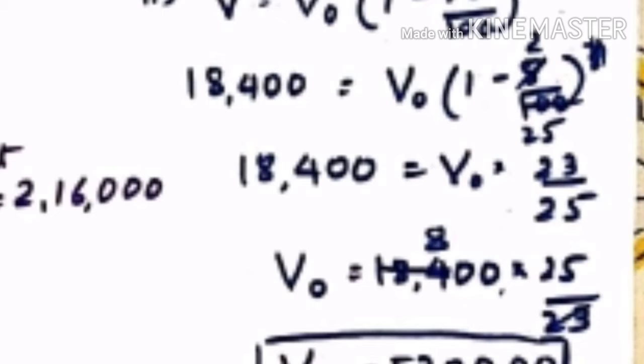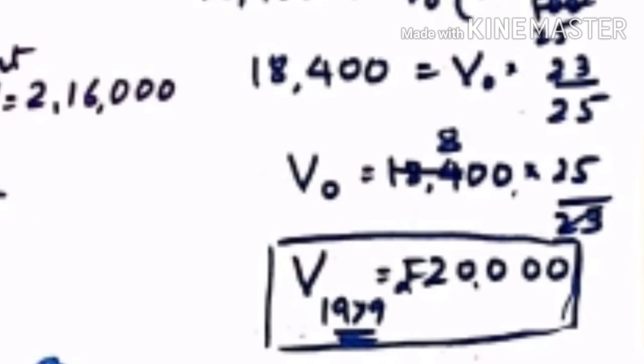And now V0 we get by taking 25 upside and 23 downside. 23 8s are 184 cancelled, and then multiplication, 25 8s are 200 and two more zeros, that is why the V0 value we found is 20,000, that is in year 1979.